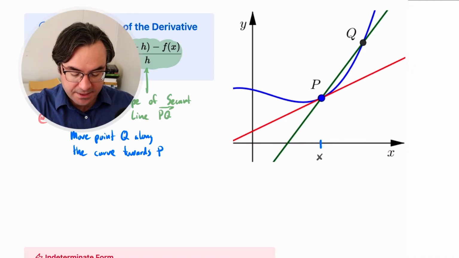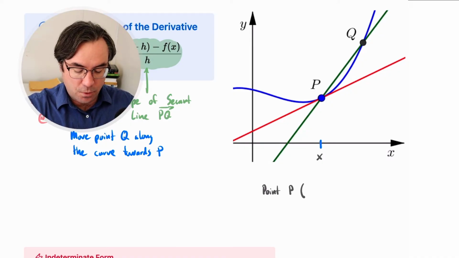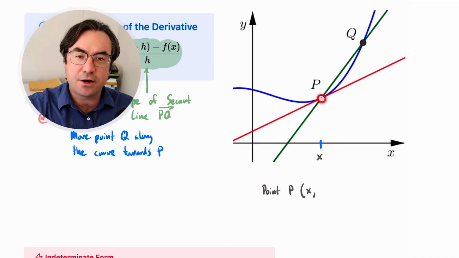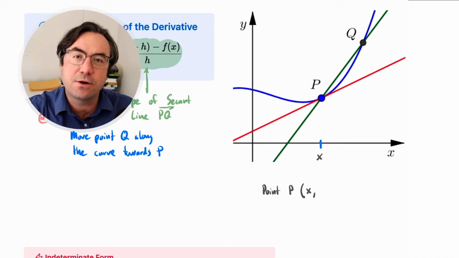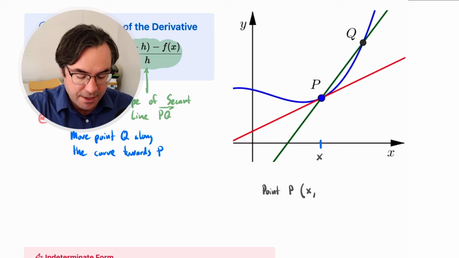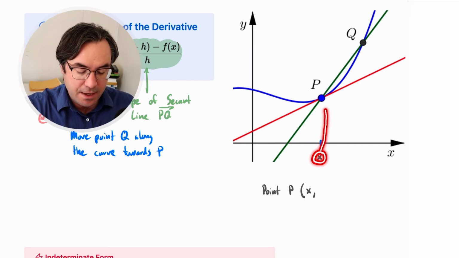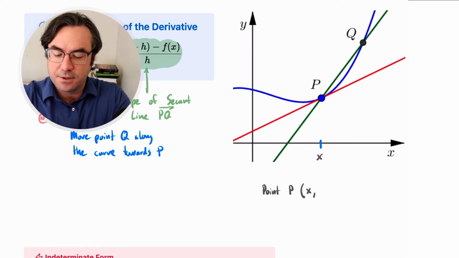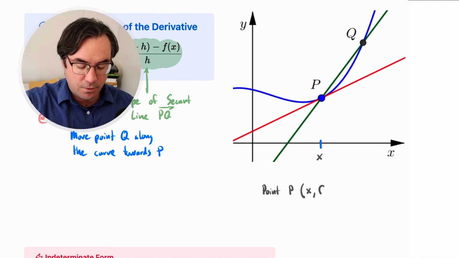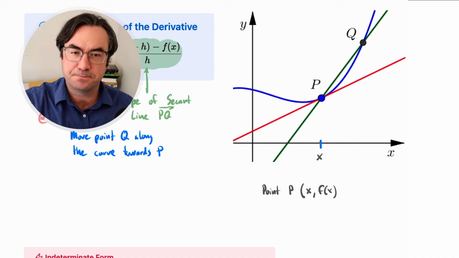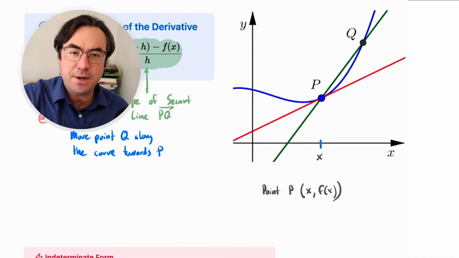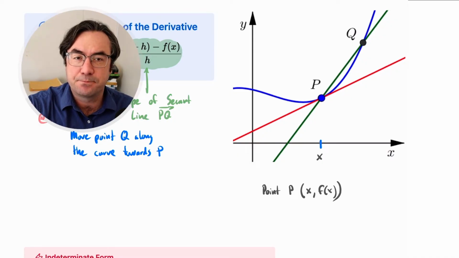So point P has coordinates x, and since point P is on our curve, the way you figure out the y coordinate for a point on the curve is you take the x value and plug it into the function. So in this case, the y coordinate would just be f of x. So that would be our coordinates for point P.